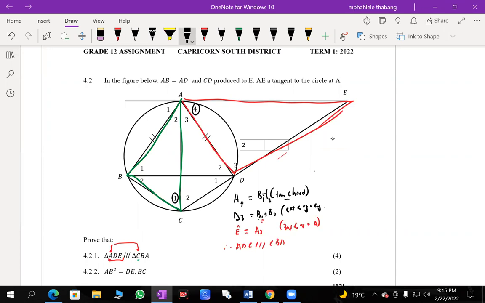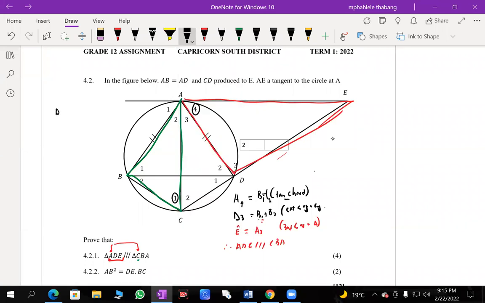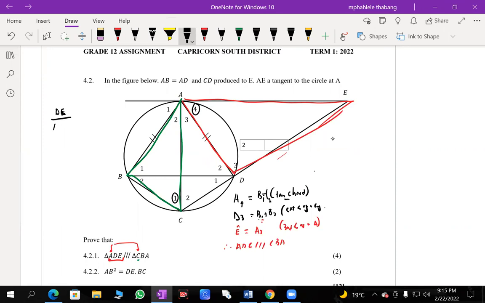Now you say DE over the side which is opposite to C1. Which side is opposite to C1 in triangle CBA? AB. So you say DE over AB.